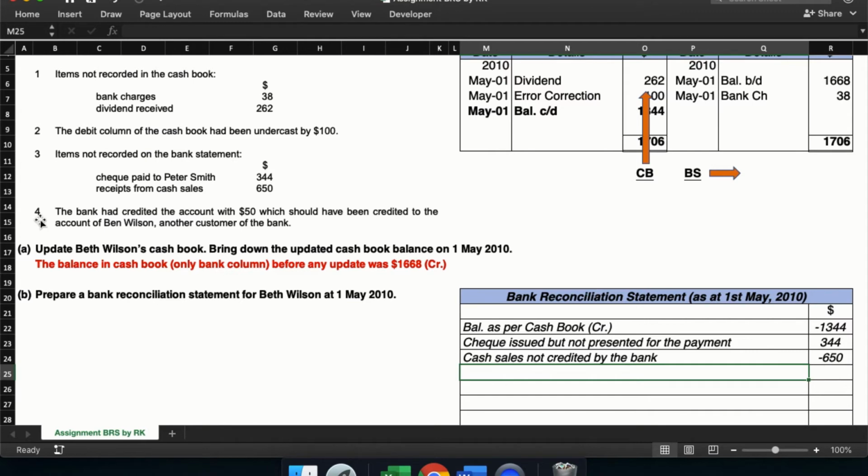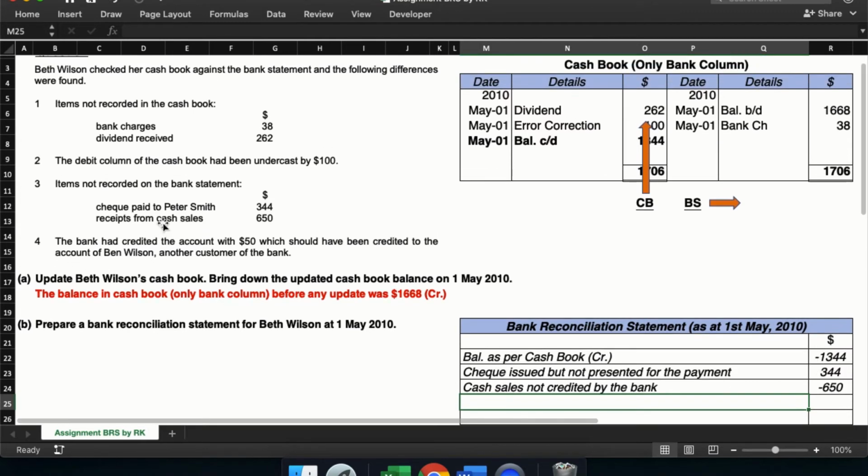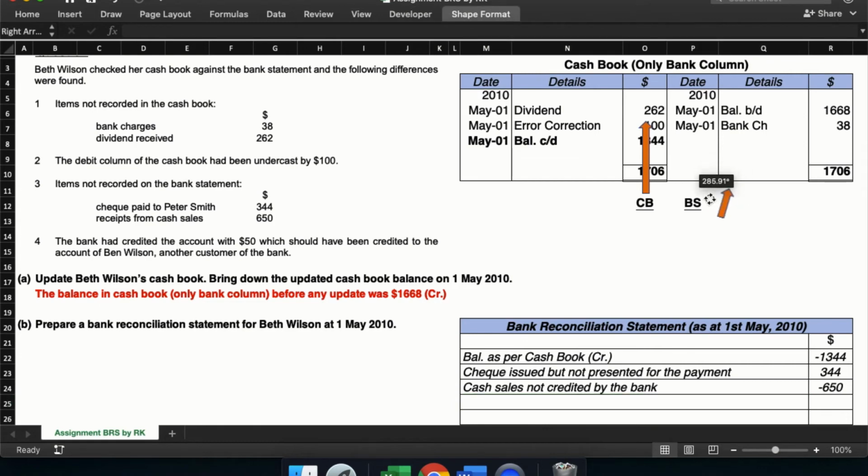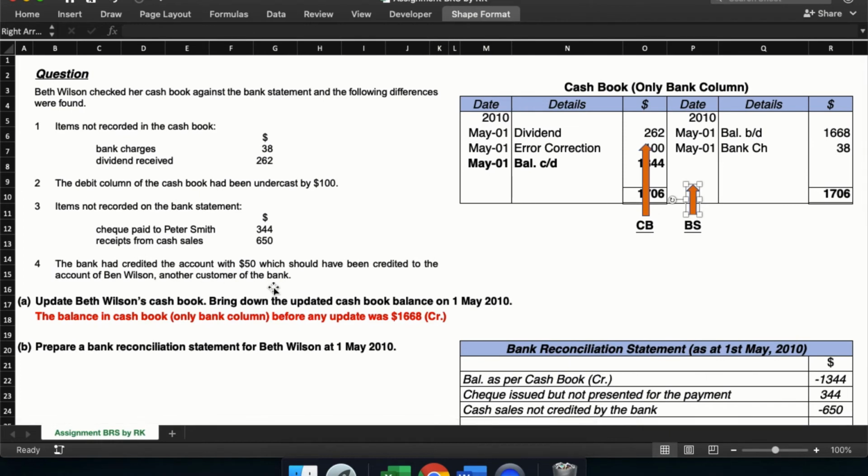Now let's see the fourth point. The bank had credited the account with $50. Credited the account means deposit. So in the bank statement the balance increased. The bank had credited the account with $50, which should have been credited to the account of Ben Wilson, another customer of the bank. But instead of crediting the account of Ben Wilson, the bank credited this $50 to the account of Beth Wilson.